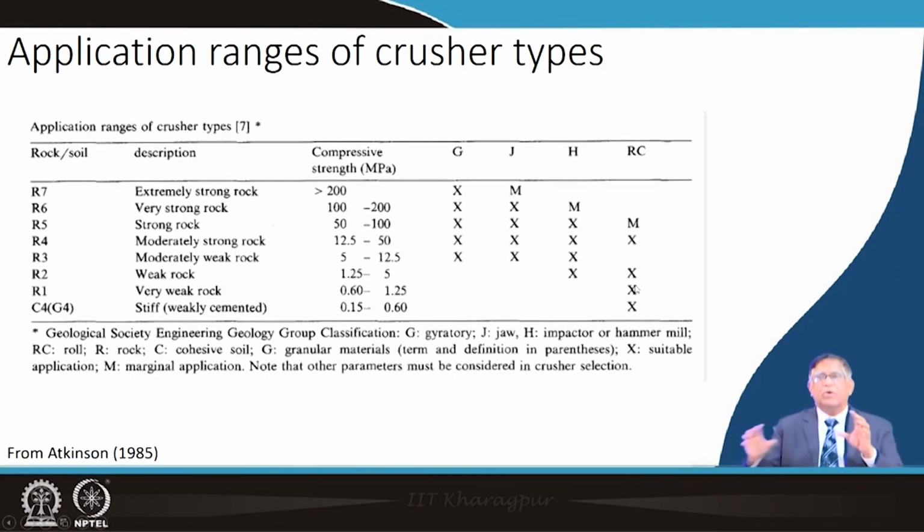If it is moderately weak or moderately strong, there also you can use a roll crusher, but it could have toothed rolls. So, you should study this type of chart, and then you have an idea about how the different types of crushers you have seen can be used.